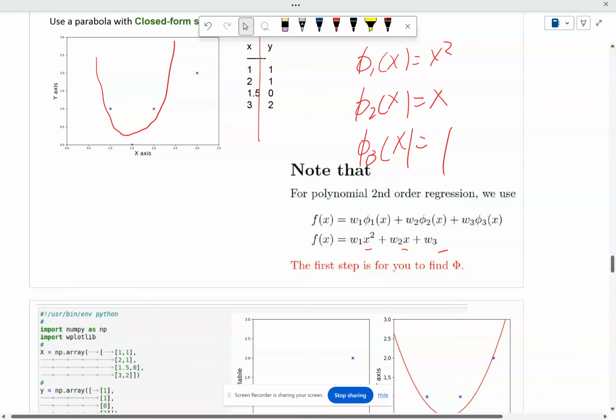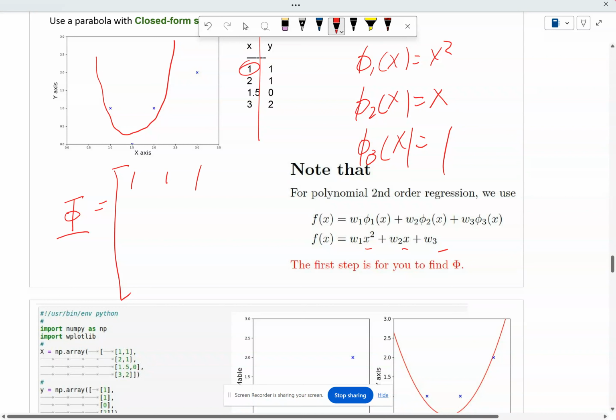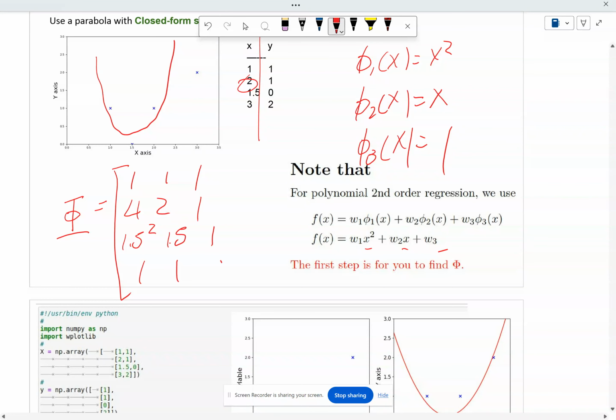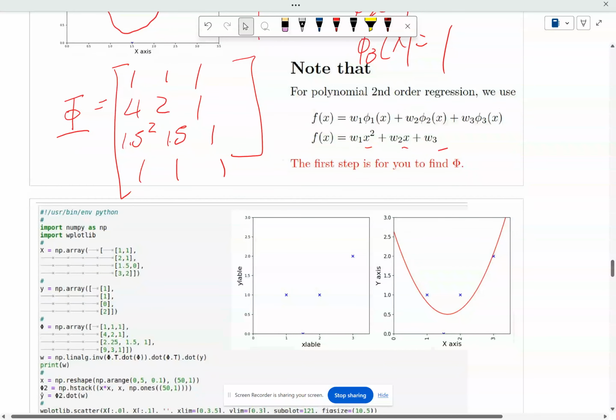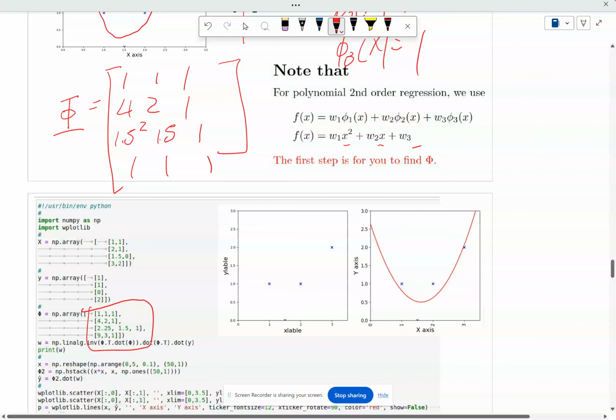Therefore, the capital Phi matrix is, when we plug 1 into that, it'd be 1, 1, 1. And then we plug 2 into it, it'll be 4, 2, 1. And then it'll be 1.5 squared, 1.5, 1, and then 1, 1, 1. So you can see right here is the phi matrix. Right, they're the same.